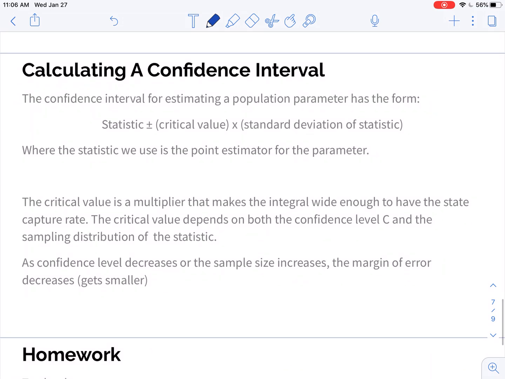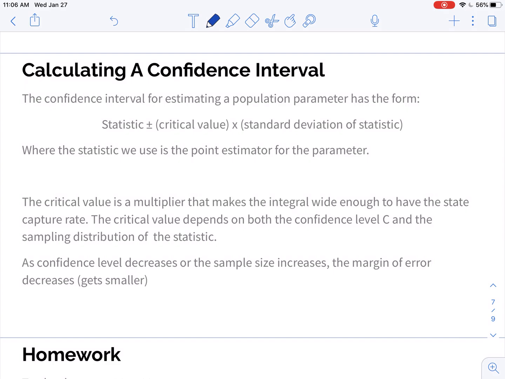To calculate a confidence interval for estimating a population parameter, it has the form: the statistic plus or minus the critical value times the standard deviation of the statistic, where the statistic we use is the point estimator for the parameter. The critical value is a multiplier that makes the interval wide enough to have the stated capture rate.